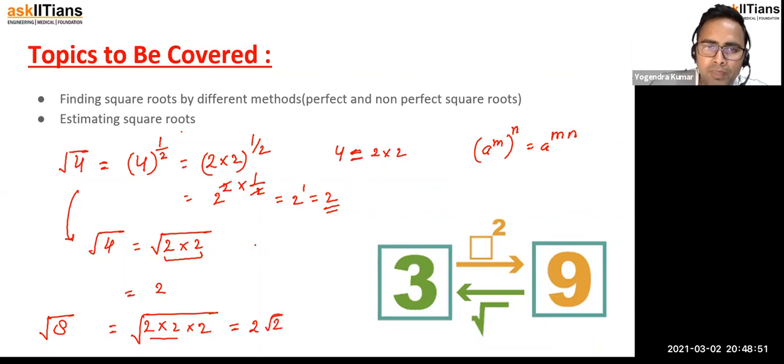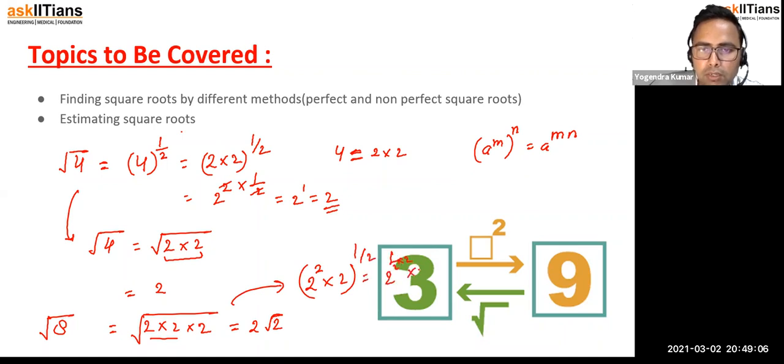Following the above way, 2 into 2 into 2, whole power half, we can say 2 power 1 by 2 into 2 and 2 power 1 by 2, which is 2 power 1 into 2 power half. So we are getting 2 root 2.